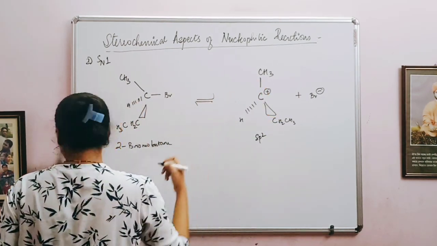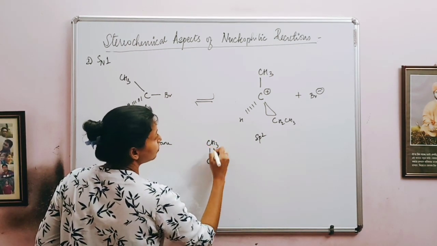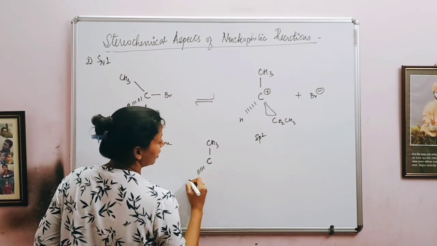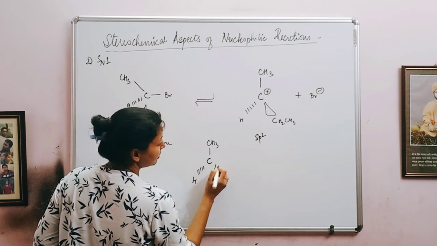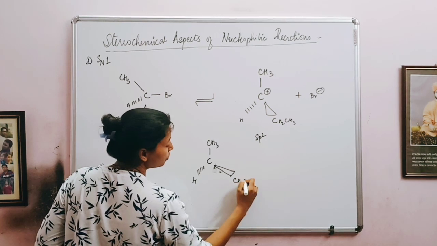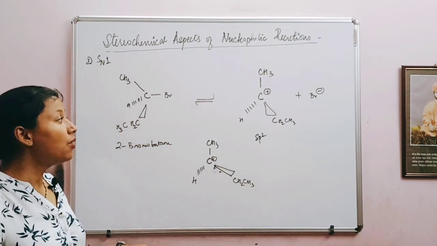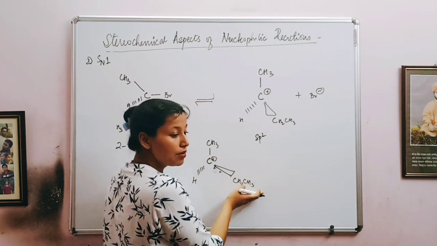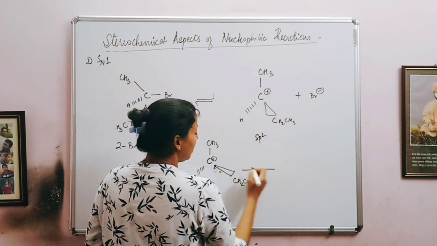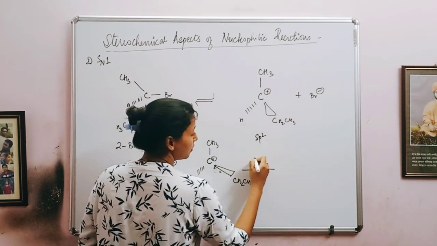Okay, now this trigonal planar carbocation: CH3, this is H, and this is CH2, CH3. This is the positive center. Now, in the same carbocation, we take the nucleophile OH minus.